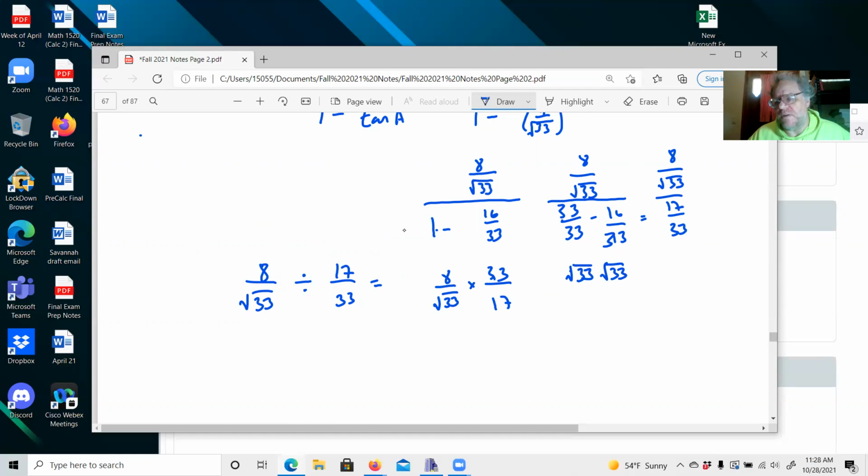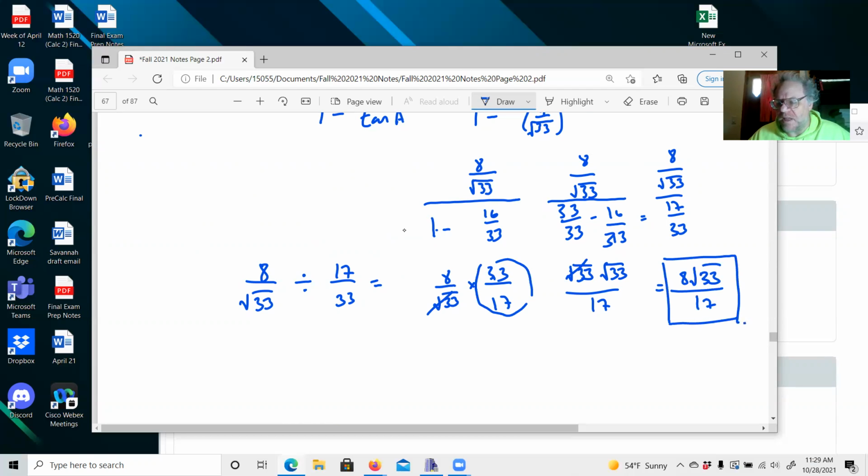We could break 33 up into the square root of 33 times the square root of 33 over 17. So what we did is we turned this piece into this one. Do you see anything that cancels? That's why we did that. So this one will cancel with this. We have a clean 8 root 33 over 17, and we're going to call that a day.